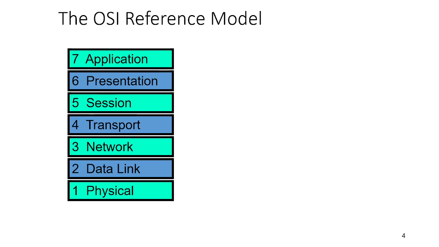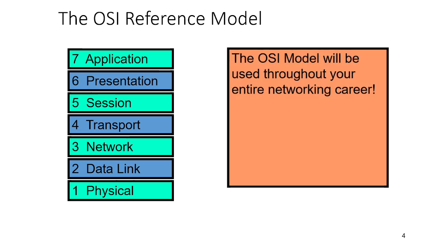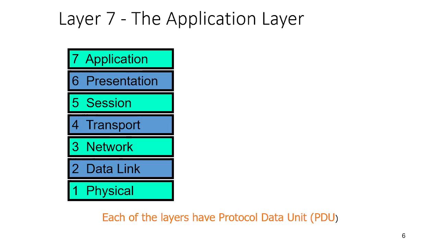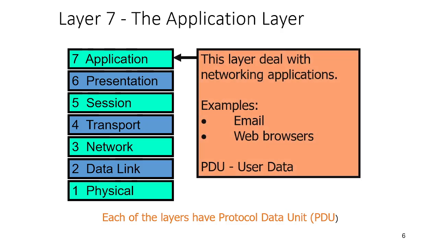Similarly, when computers communicate, the data passes through several stages, which are represented by the 7 layers of the OSI model: application, presentation, session, transport, network, data link, and physical. So let us go one by one. First we discuss layer 7 of the OSI model. The OSI model has 7 layers arranged from top to bottom.